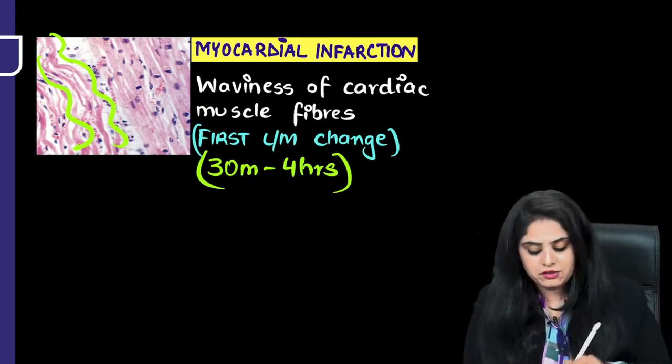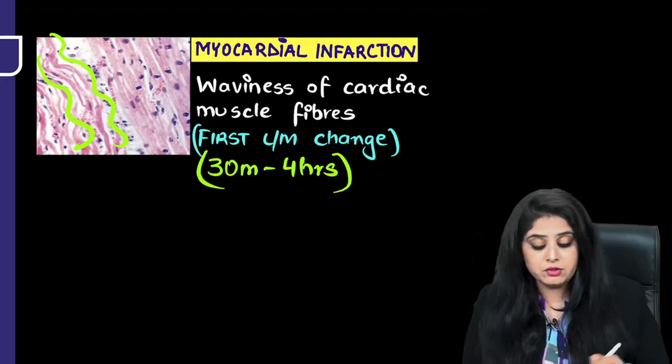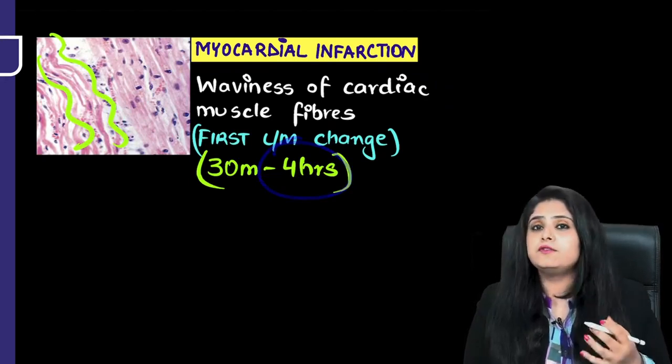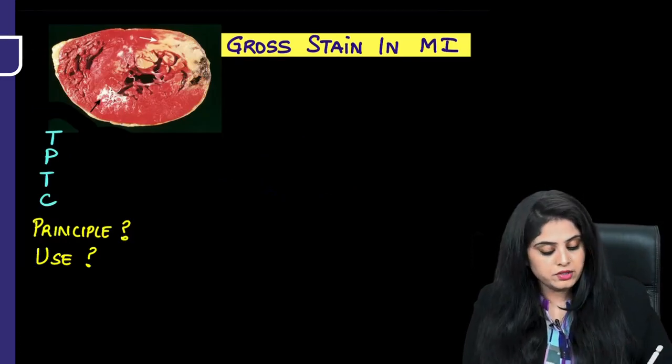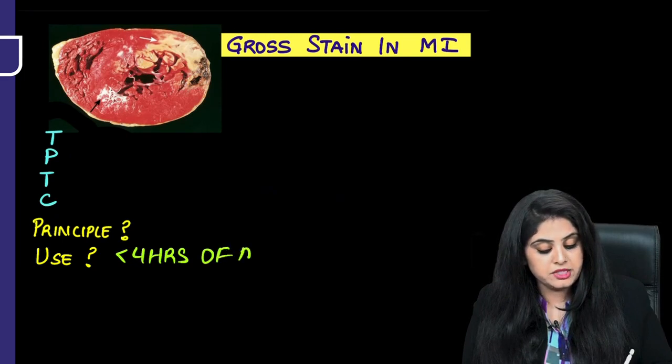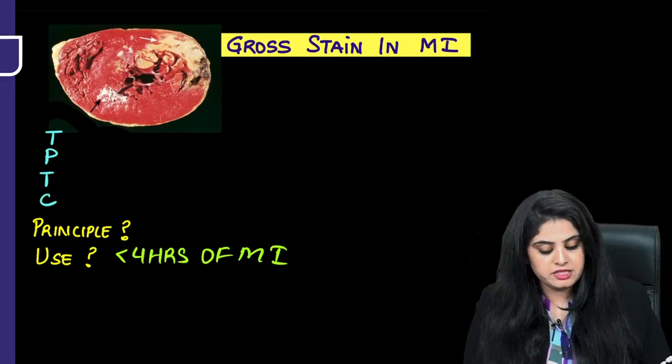But if you remember, if I ask you what is the first gross change, you will say, ma'am, the first gross change is seen only after 4 hours. So there was one stain of the heart that was really helping me for the gross diagnosis within 4 hours of MI. When nothing is visible, I can put this stain and identify. And what is that stain known as? The TTC.